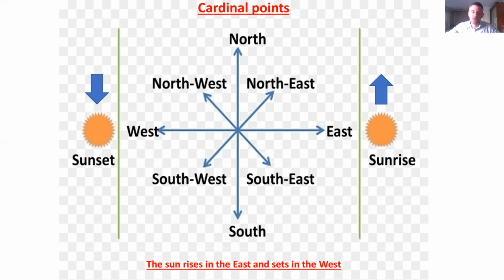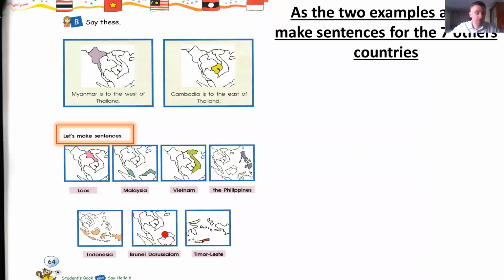Okay, we continue with the countries. It's time to speak about the countries and the location of each country in Southeast Asia. So there are two examples. First, Myanmar is to the west of Thailand. Cambodia is to the east of Thailand. Now, take a look at the red rectangle.